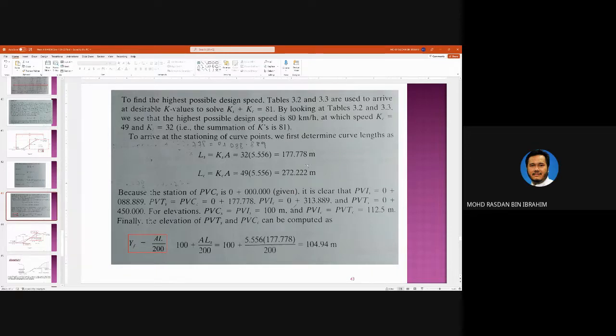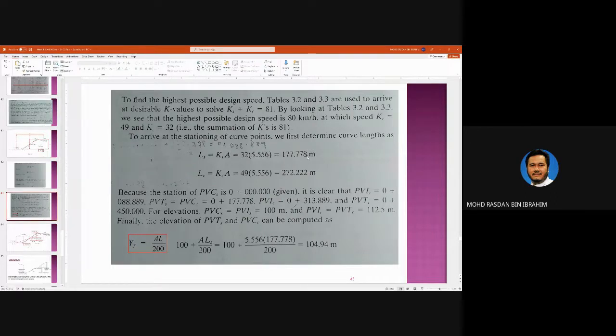So the total of this should be 450 meters. Because the station of PVC is at chainage 0, the PVI is at 0 plus 88.889, which is half of this value. And PVT is 0 plus 177.778, which is the length.